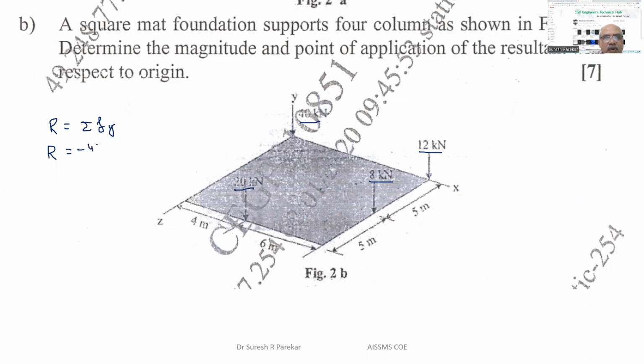So minus 40, minus 12, minus 8, minus 20. So it will be minus 80 kilonewton. Or I can say R is equal to 80 kilonewton, which will be downward.